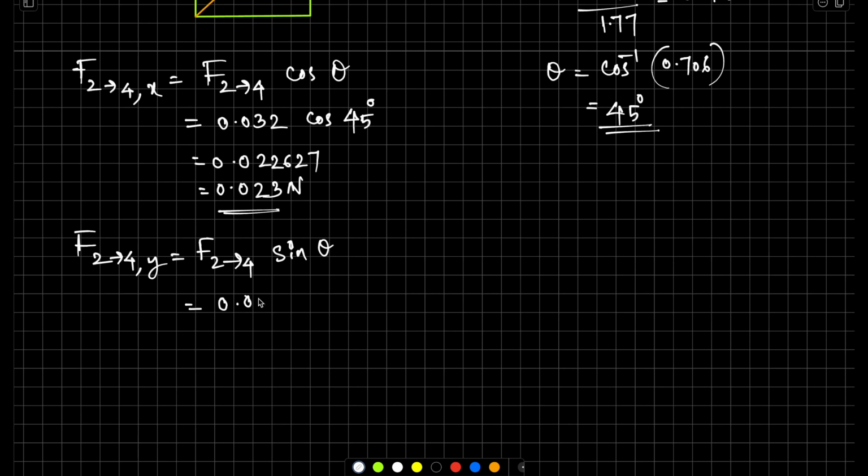F24 is 0.032 times sine 45 degrees. Same answer, 0.02267. So round it off to 0.023 newtons.